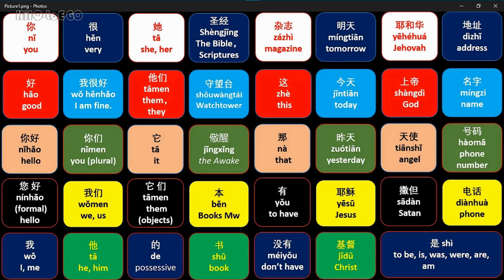Wonderful. Let's look at a few nouns, or rather names of people. For example, Jesus, 耶稣, 耶稣. Very simple, straightforward. And Christ, 基督, 基督. Again, same level tones. 耶稣基督, Jesus Christ. And Jehovah, 耶和华, 耶和华.